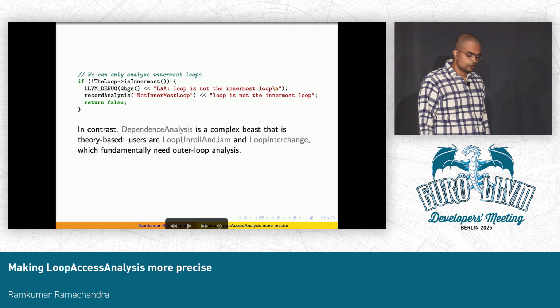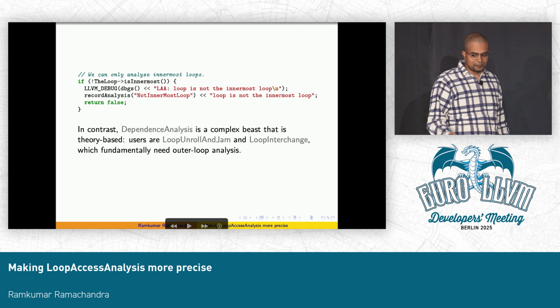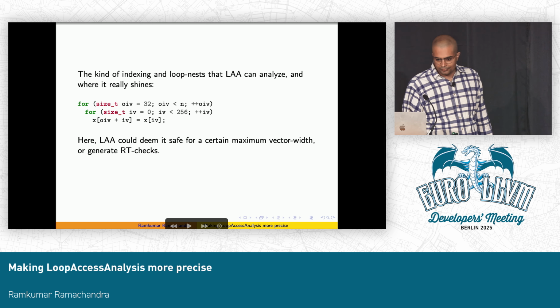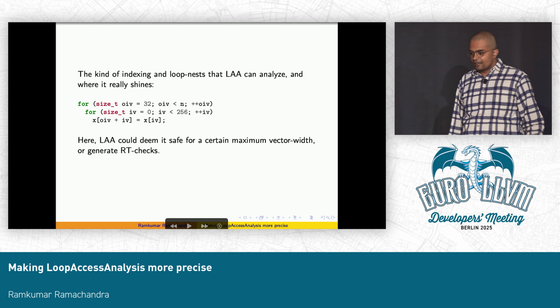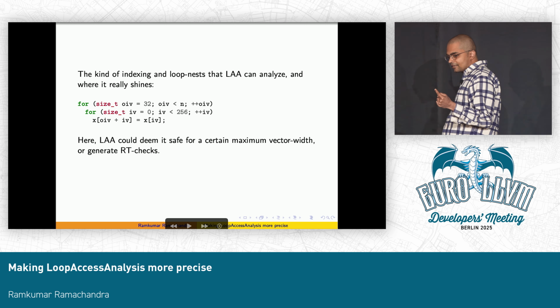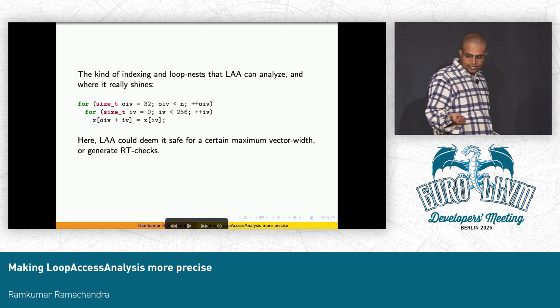What is the meaning of this innermost loop analysis, and where does it actually work? I've been fairly negative about loop access analysis, but let me show you an example where it works really well. You have an outer induction variable, you have an inner induction variable, and this is actually taken out of a test in loop access analysis.